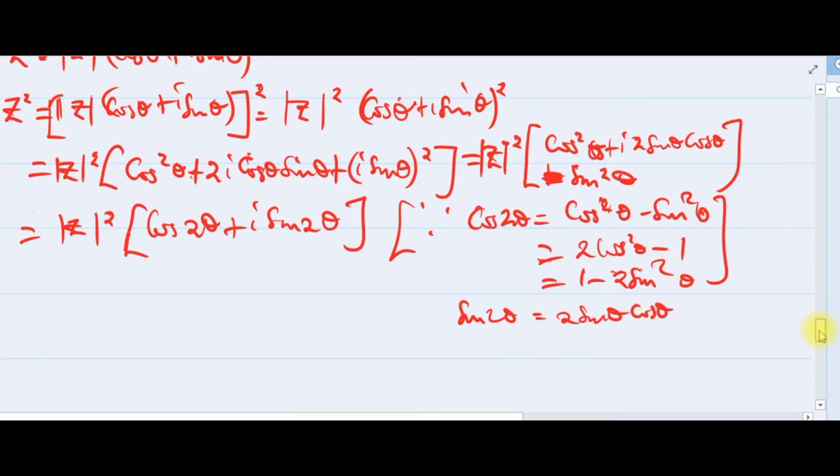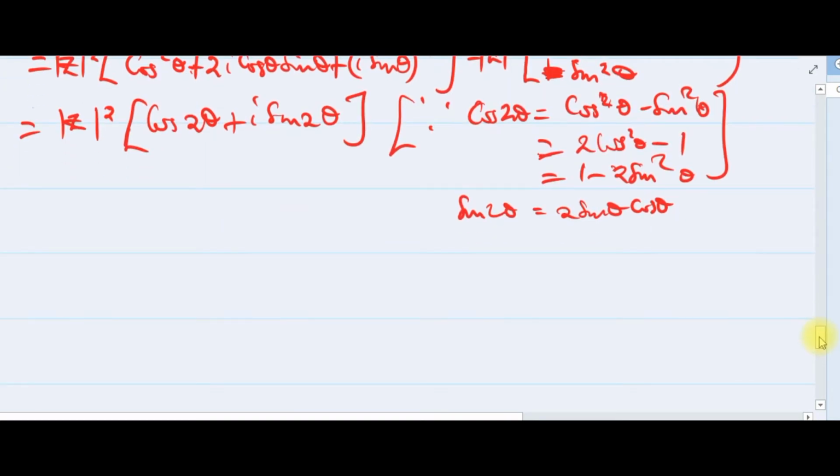So let's try again. Let's find the third power. Assuming we are given to find z raised to power 3, this is now r cubed times (cos theta plus i sine theta) all raised to power 3.